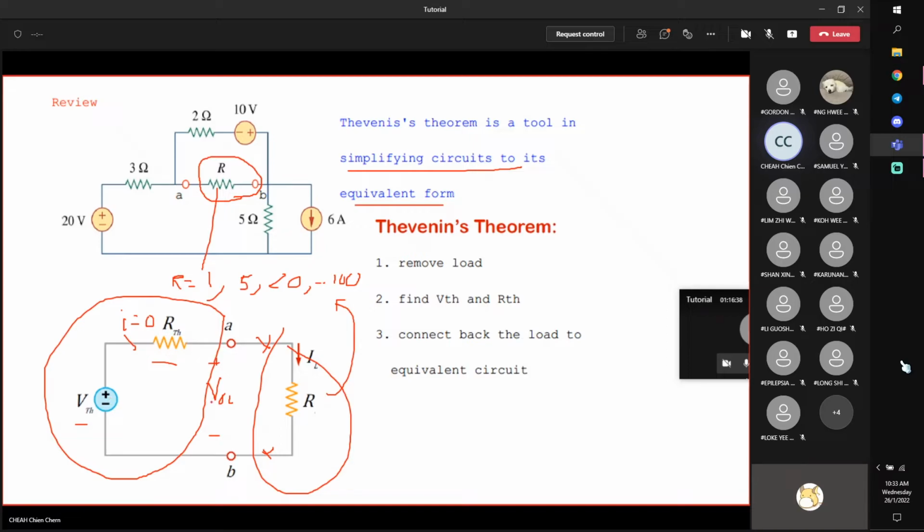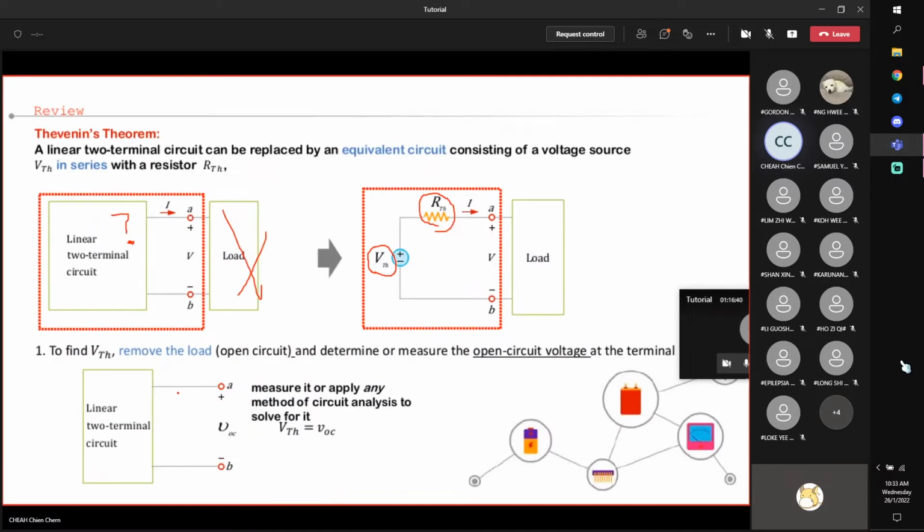So VOC is your VTH. Remember this. This is the first step: remove the load, leave it open, find the voltage across the open terminal, and that's your VTH.